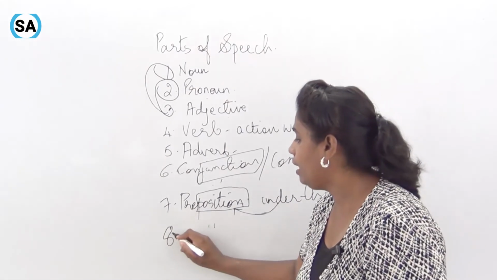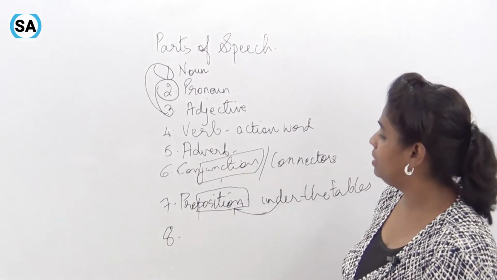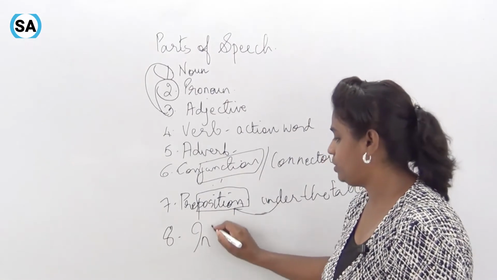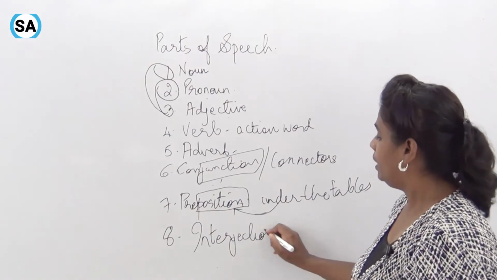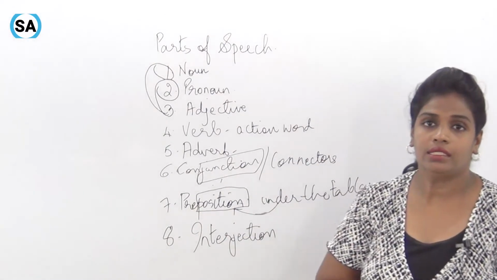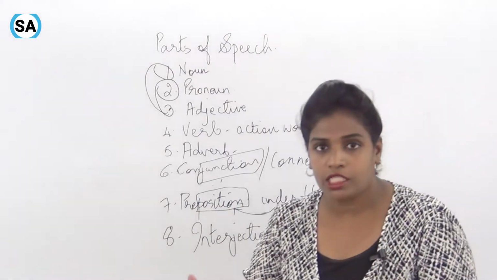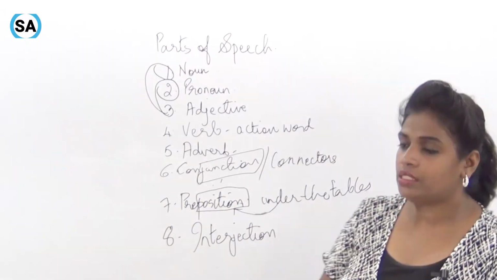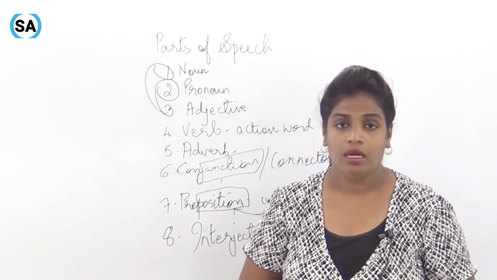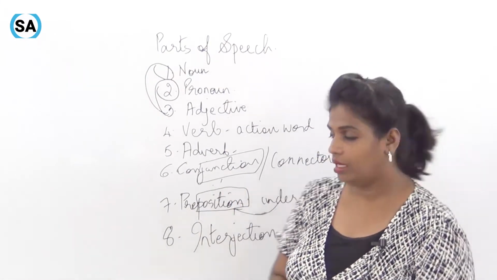Then the eighth and the last part is interjection. Interjection is the sudden expression of feelings. If the king is dead, the soldiers may say, alas, the king is dead.